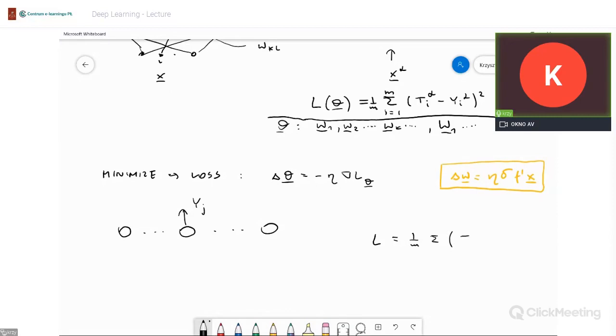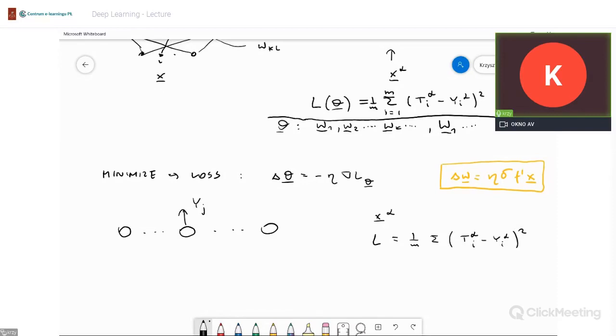Assume that I'm presenting a sample alpha, so x alpha is a sample that is being applied to the network. So I have t_i alpha minus y_i alpha, squared.